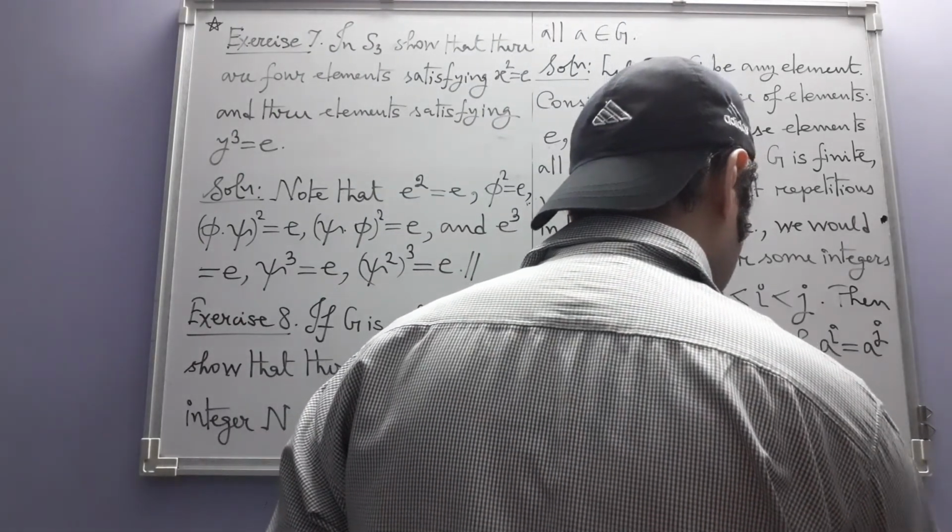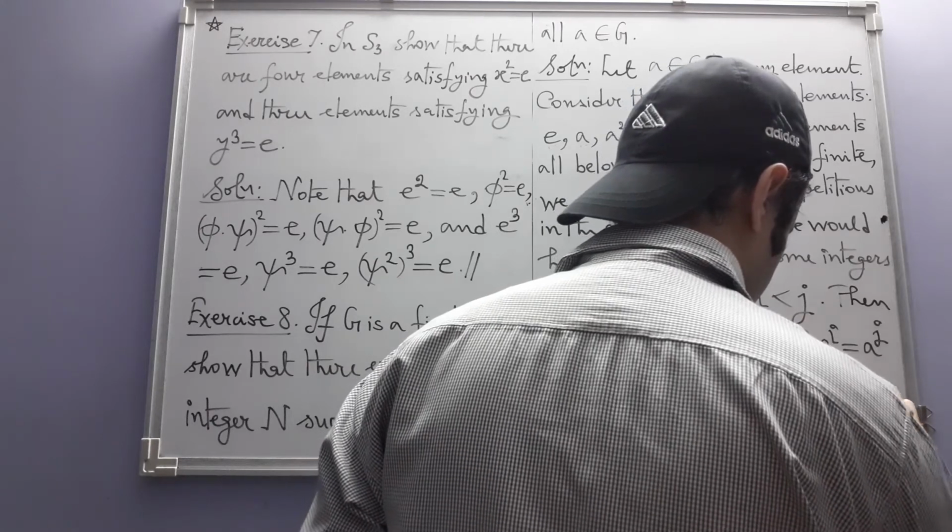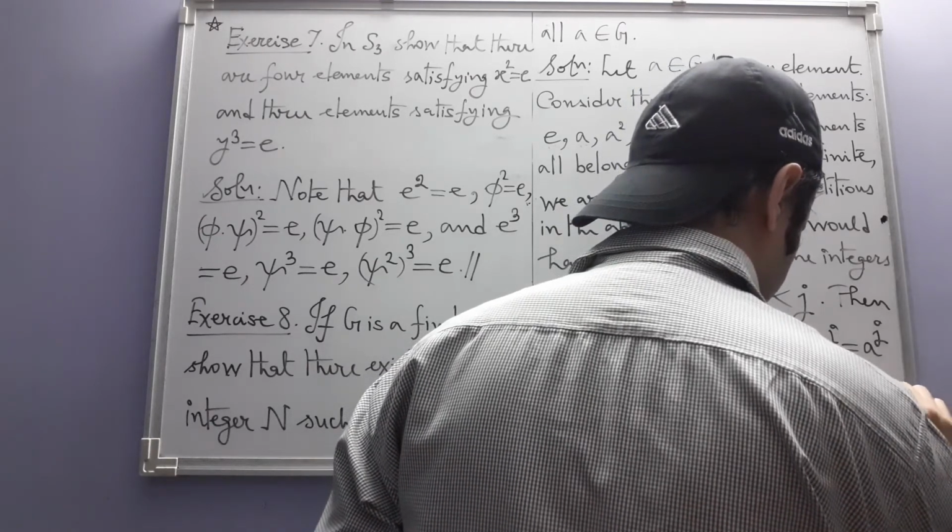So let us do it from the left: a to the power minus i dot a to the power j.